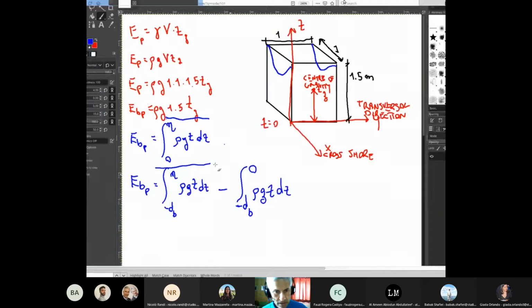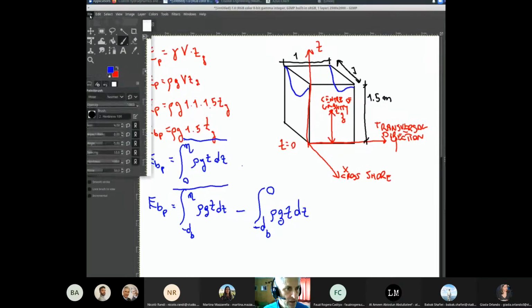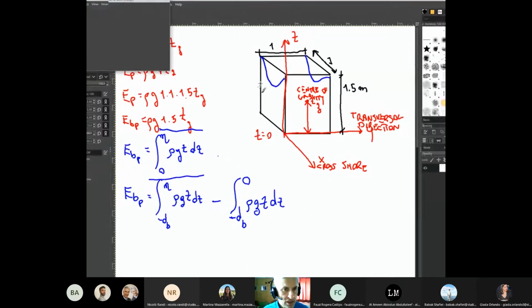Now, let me just open another graphic window, just in case I need it.